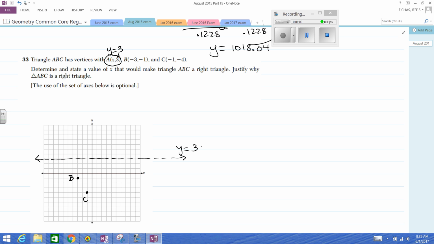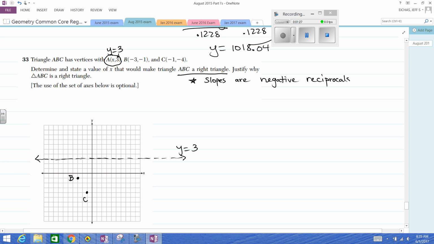Now, we need to make triangle ABC a right triangle and justify it. So this is a lot, but it is a 4-point question, so let's get started. Obviously, for a right triangle, we're going to need a right angle. And with analytic problems with coordinates, you're probably going to want to show that slopes are negative reciprocals.